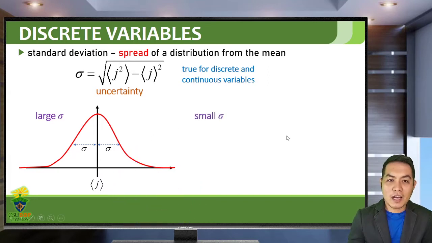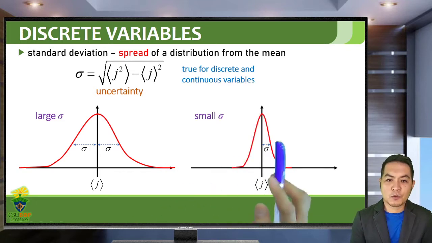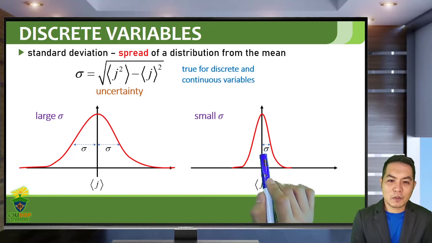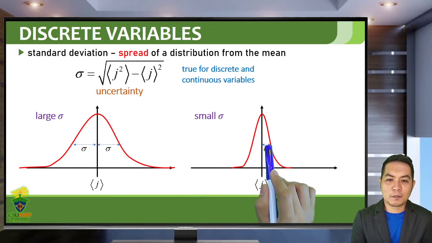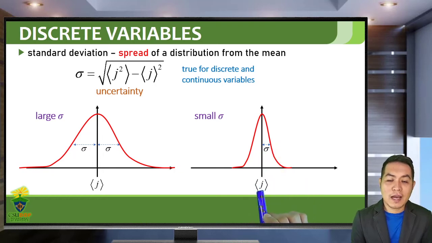If you have a small standard deviation, on the other hand, then your distribution will somewhat look like this. If you'll notice, the standard deviation or the spread is very small, meaning most of your values are close to the average or mean value, and therefore it will entail accuracy.